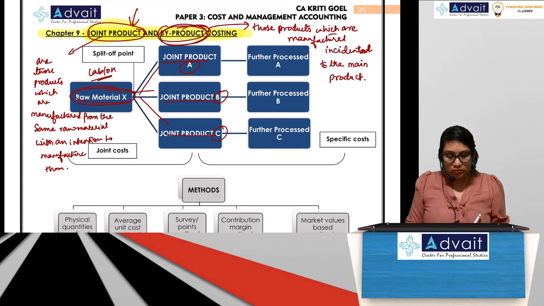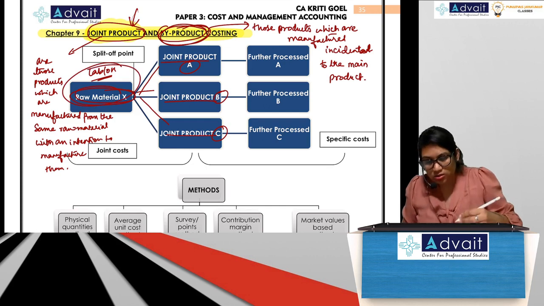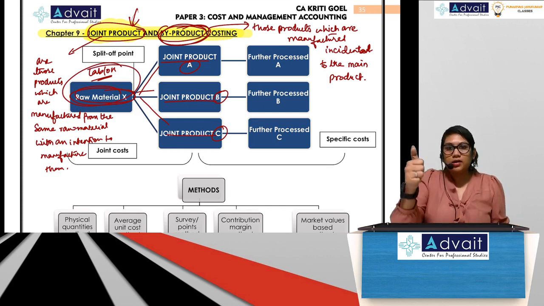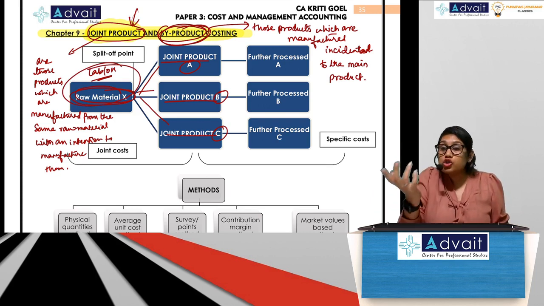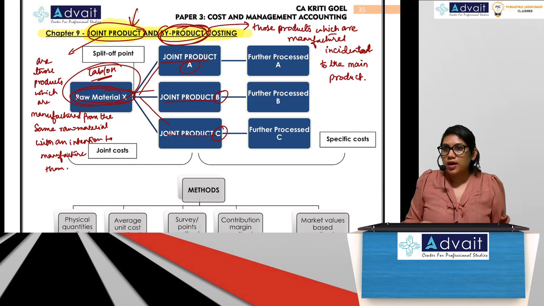Now, the biggest problem with joint products is what to do with these costs. I incurred material cost, I incurred labor cost, I incurred overhead costs. Who's going to bear this cost? All 3 are going to bear. But how?